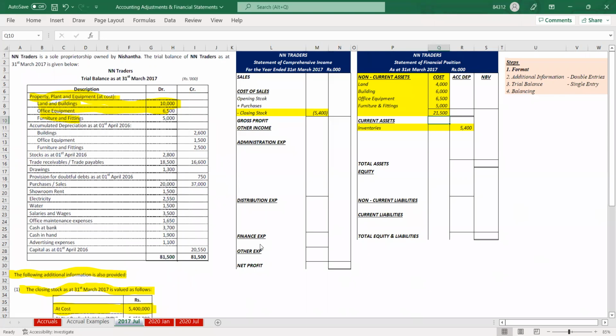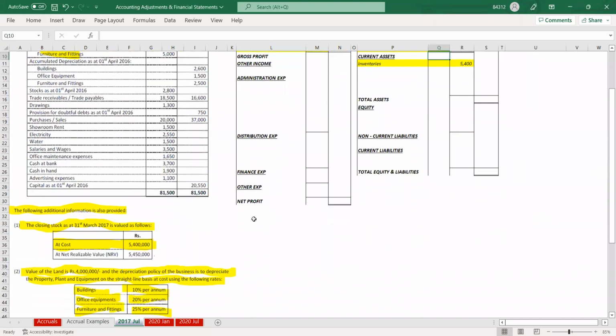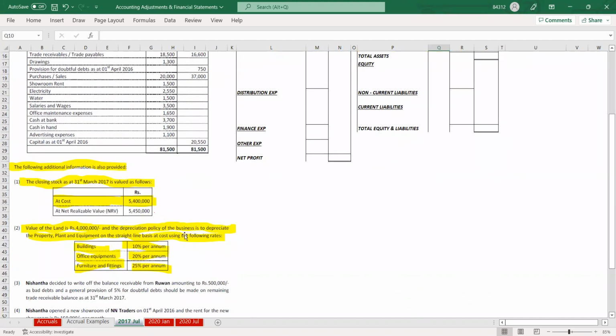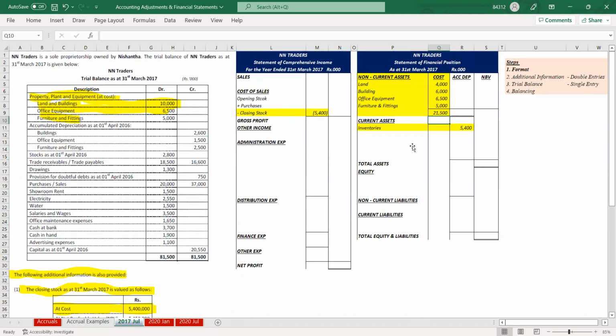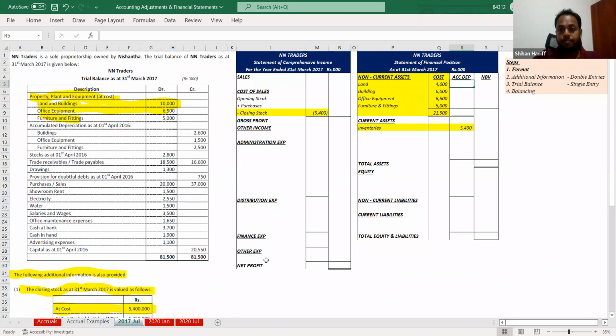Now you need to calculate the depreciation: 10%, 20%, 25%. So remember, we don't depreciate land. So no depreciation for land. For building, office equipment, furniture and fittings, we need to depreciate at the given rates.